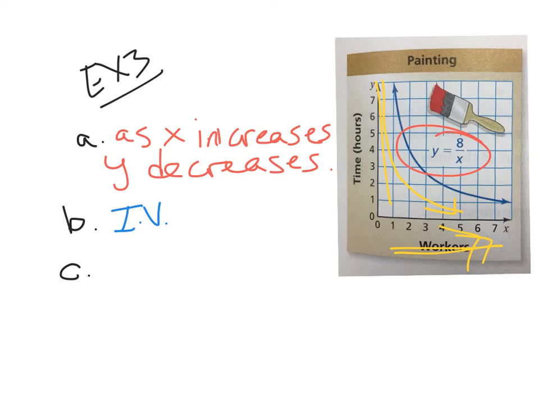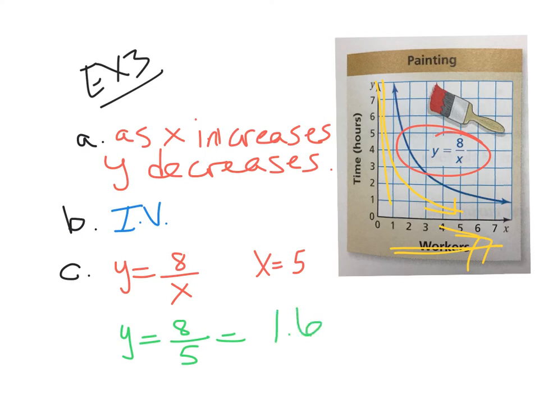So we have the equation y equals 8 over x. They told me that x equals 5, so that means I have 5 workers. I'm going to plug that in to solve for how long it takes to paint. Where do I plug in that 5? The bottom. So I say 8 over 5. 8 divided by 5, it'll be a decimal. 1.6.